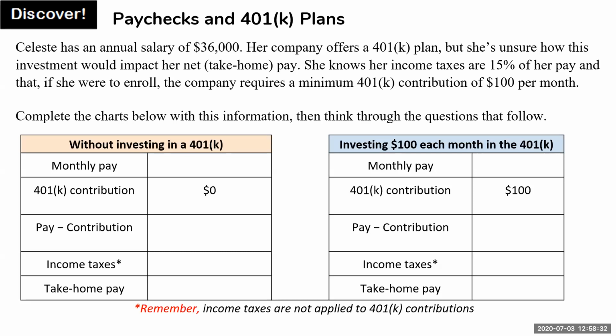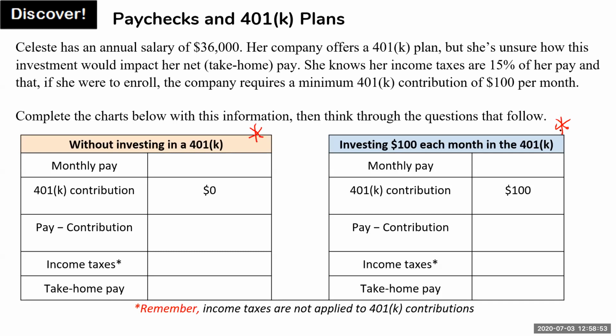Now, look at these two tables. So the tables right in front of you right now, this is the table if Celeste decides not to invest in a 401k plan. And then if she decides to invest in the 401k plan, that is the one on your right. Is that okay?